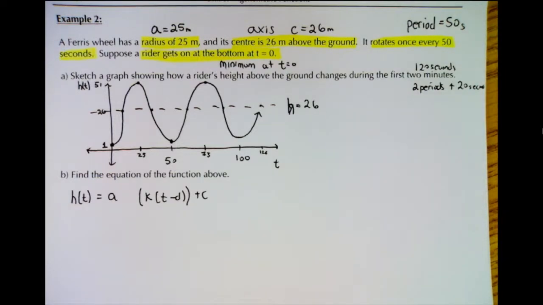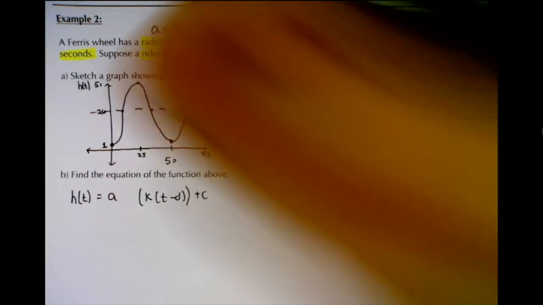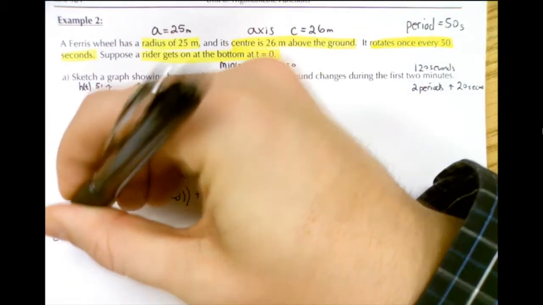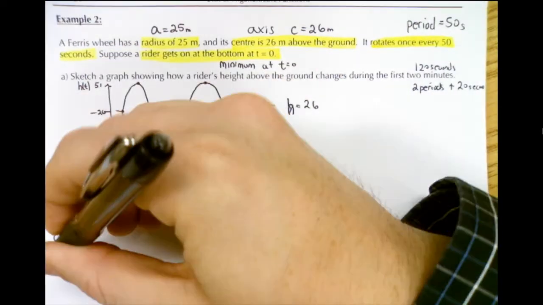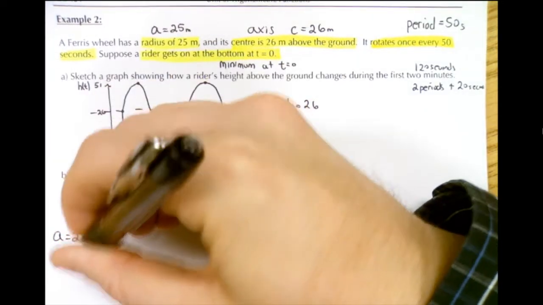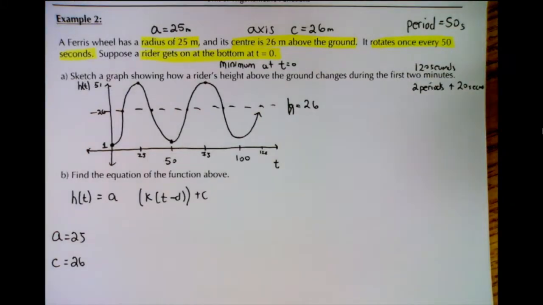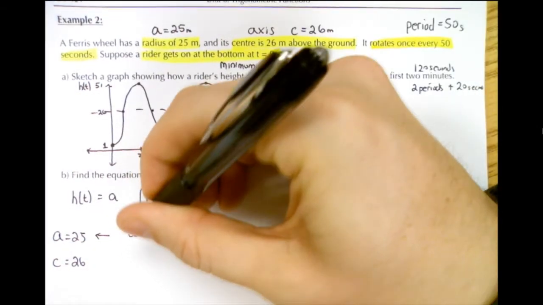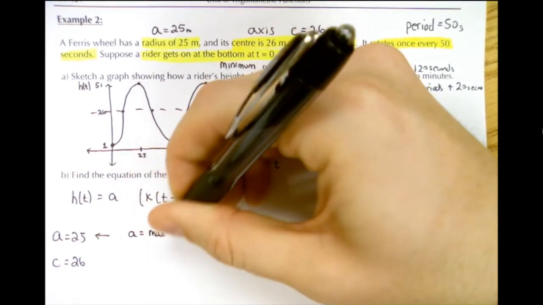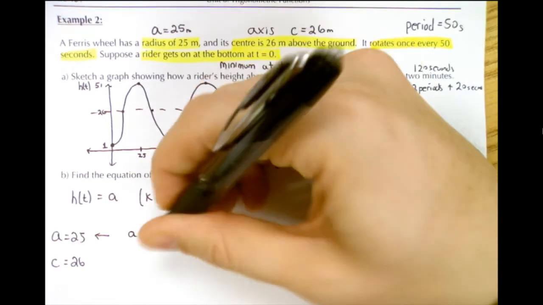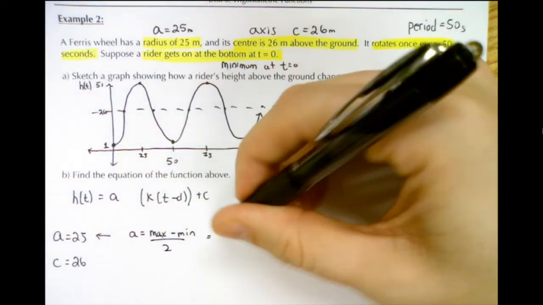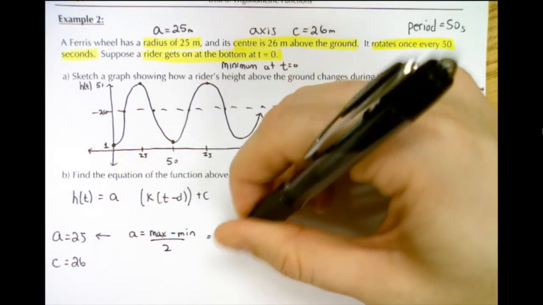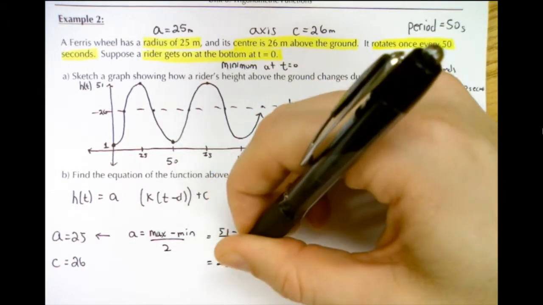We've picked out a few of these pieces already. We've picked out amplitude, the radius, and we've picked out c. So we know those two pieces. A is 25, and c is 26. If they're not given to you, you can find A by doing max minus min divided by 2. In this case, that'd be 51 minus 1 over 2, which is 25.